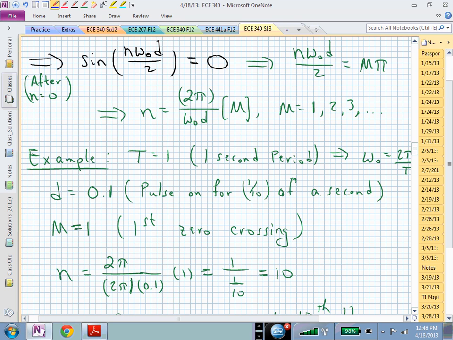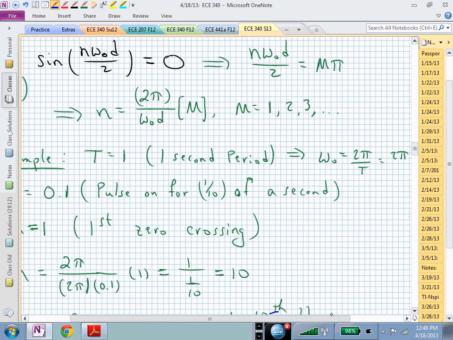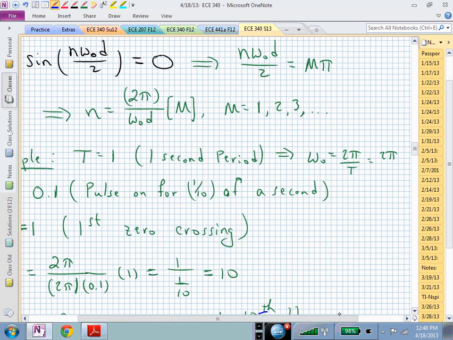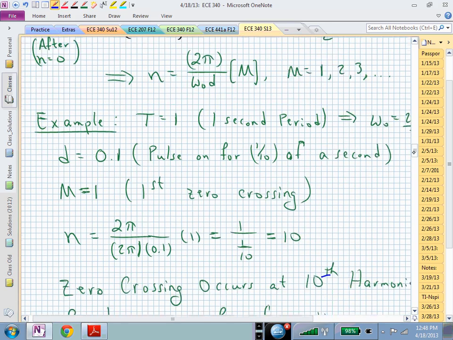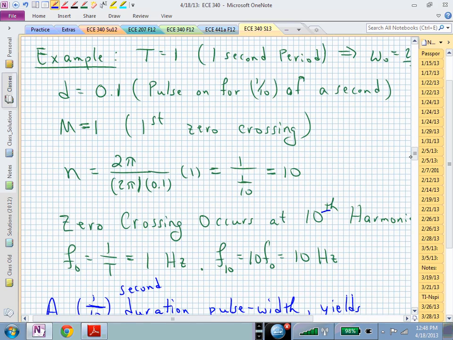If capital T is 1, omega naught is just 2 pi. We have 2 pi over omega naught, we have 2 pi over 2 pi. Those cancel, and now we are dividing by 1/10, and essentially we are obtaining our n value.